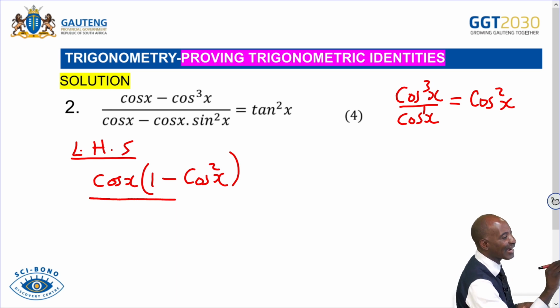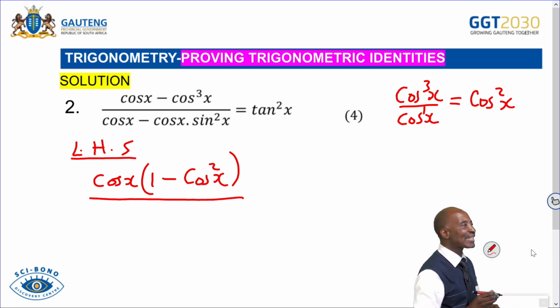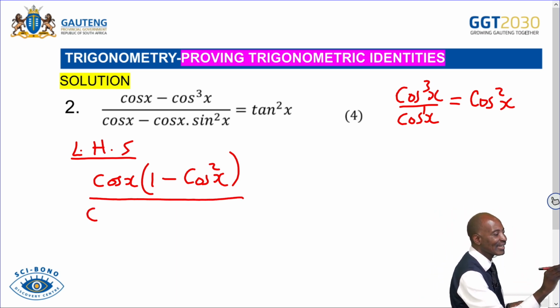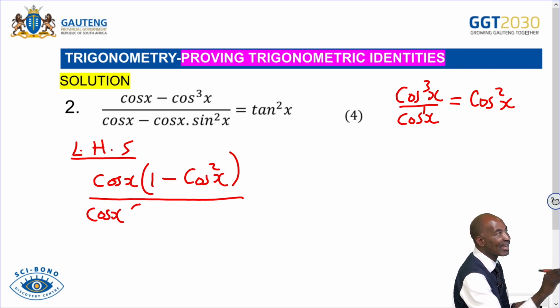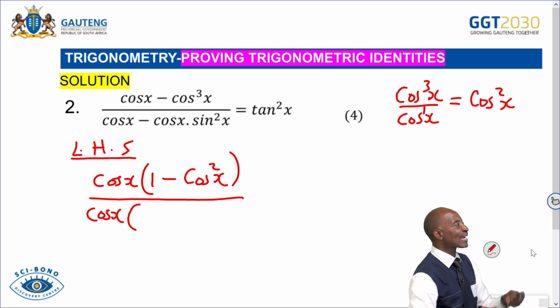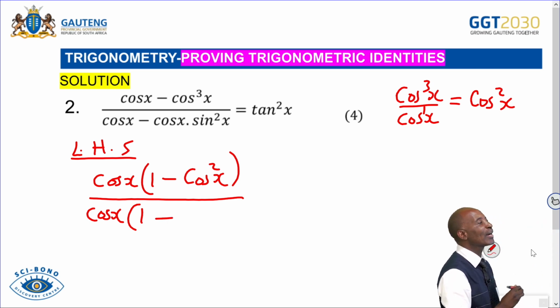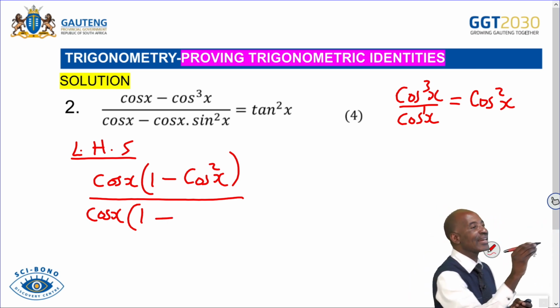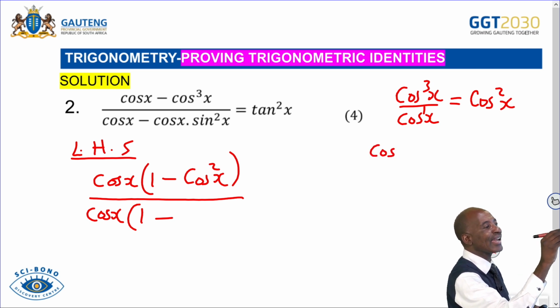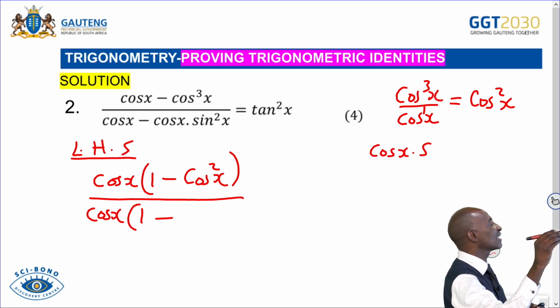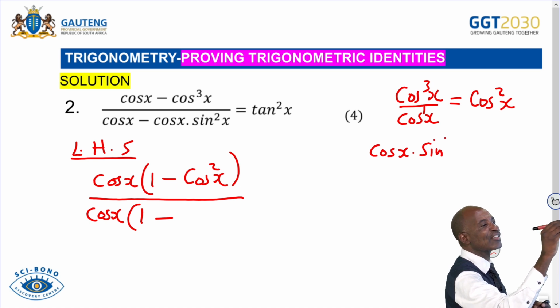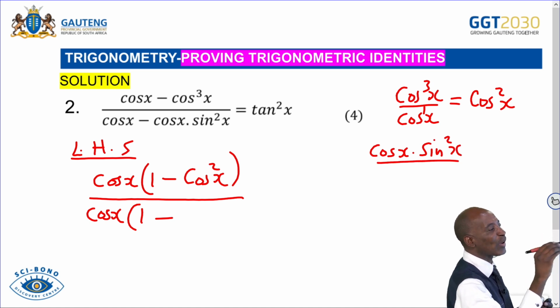Then for my denominator, I see cos is common still. I factor out cos x. Then I divide cos x into itself, 1. Then cos x into cos x times sine squared x. This means cos x times sine squared x, divided by what you factored out, which is cos x.